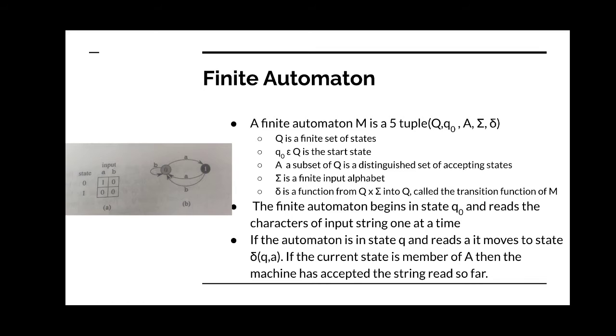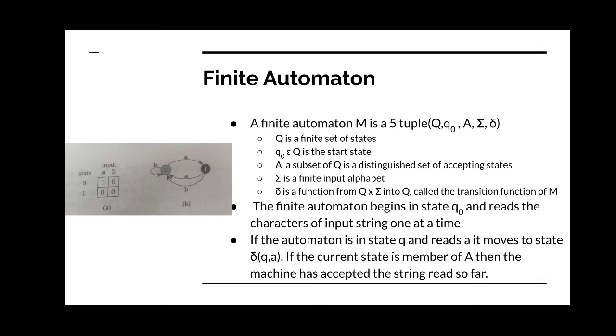Sigma is a finite input alphabet. Delta is a function from Q cross sigma into Q called the transition function of M. That is, it defines, if it reads a particular character from the alphabet from a string, and it is in a particular state, to which state it goes. That is given by the function delta.